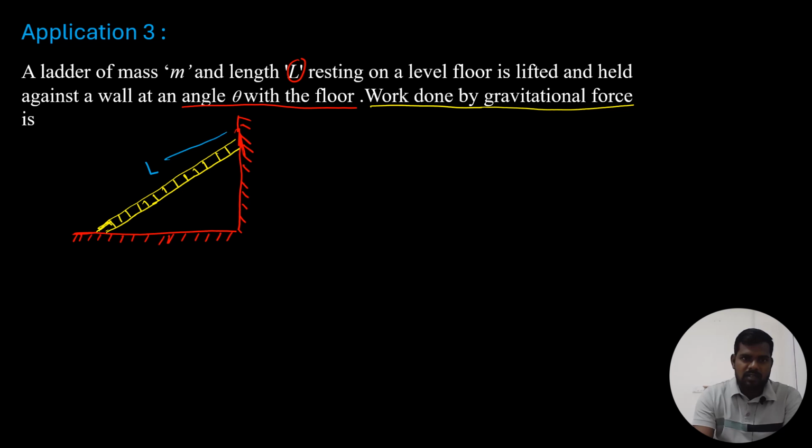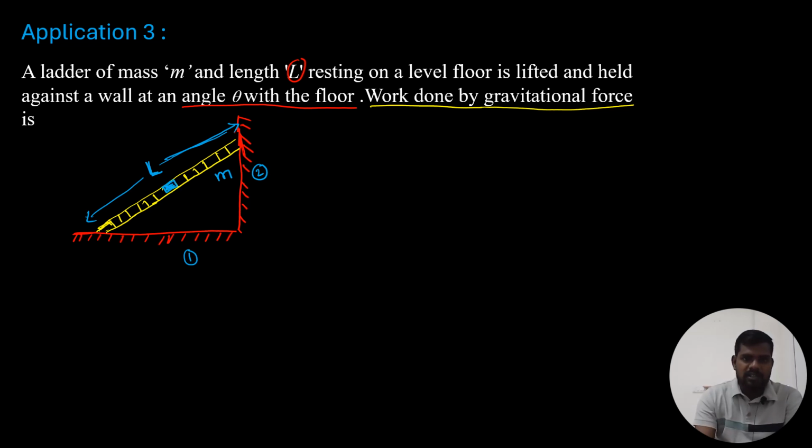The length of the ladder is capital L, and the mass is small m. So this is the floor, the first one, and the second one is the wall. The total mass of the ladder is located exactly at the middle position.